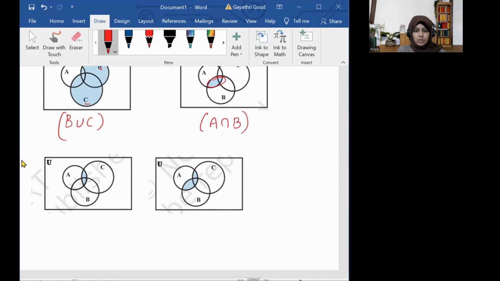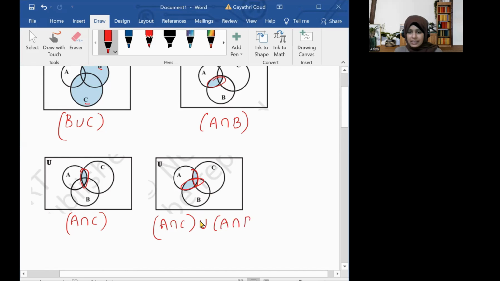Now, let us go for this. Which common part is shaded here? The common part between A and C is shaded. So that means this would be my A intersection C. Now, if you pay attention in this last Venn diagram, this is the common part between A and C. So this would be A intersection C. But I have another common part that is between A and B. So now, can I write it as A intersection C union A intersection B?